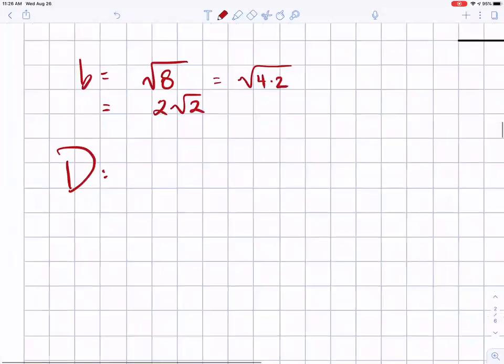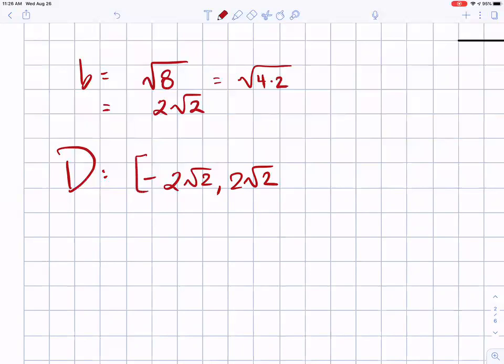So then use that for your domain. Okay, so what's your domain now? -2 root 2 all the way to 2 root 2. And what kind of symbols do I want on that? I need square brackets because I am using those values.